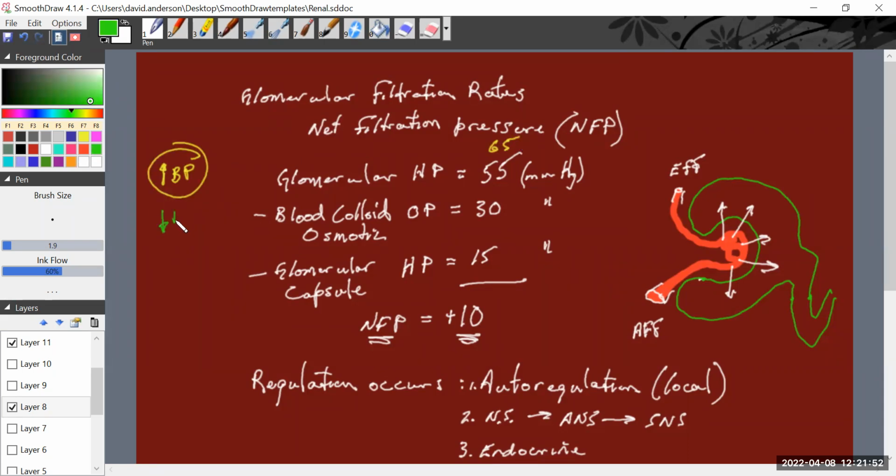If we decrease blood pressure, that number might be down at 40. And if we go down to 40, we're not going to have any net filtration. If we go up to 65, our net filtration would be 20, it would be double, and that's going to be a problem. Okay, so you see where the stimulus comes into play here?